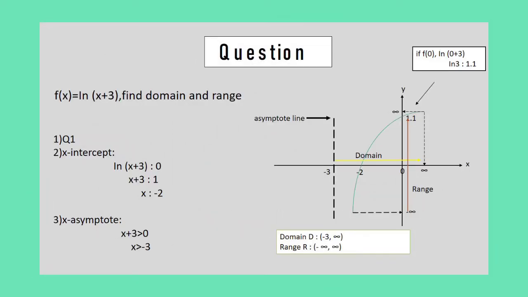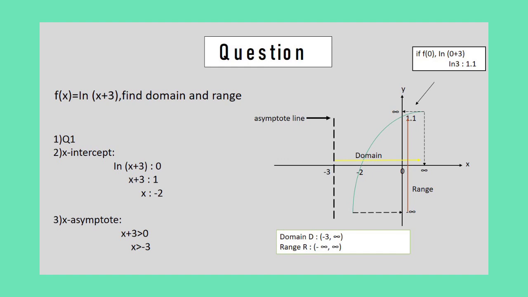So we look at the question. f(x) equals ln of (x plus 3). Find the domain and range. First, we must search Q. So the Q is Q1, quadrant first. Second, we search the x-intercept. We take ln of (x plus 3) equal to 0. We transfer the ln to the other side and we get e to the power of 0 equal to 1. So x plus 3 equals 1. We settle it and get x equals negative 2.